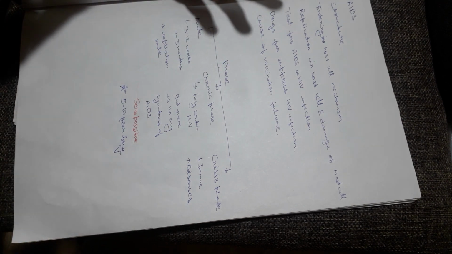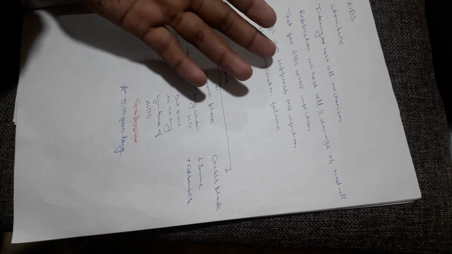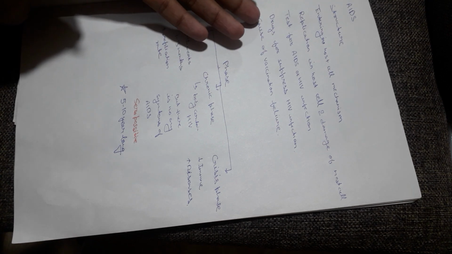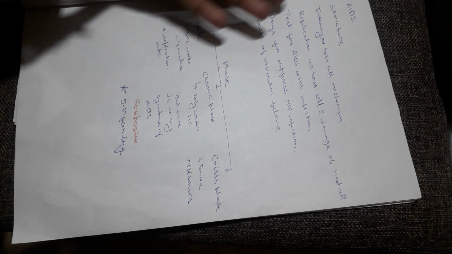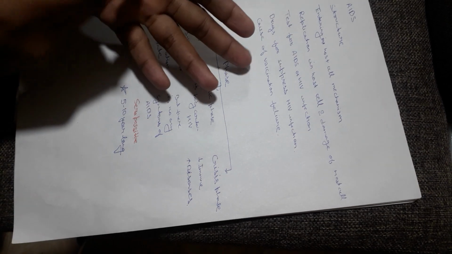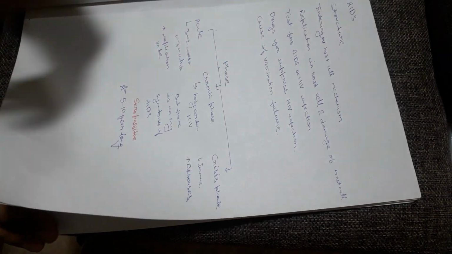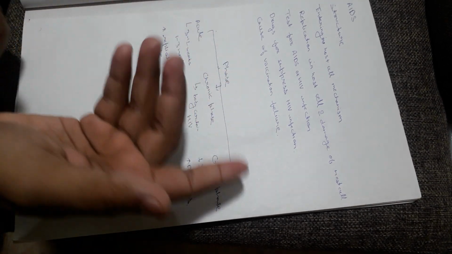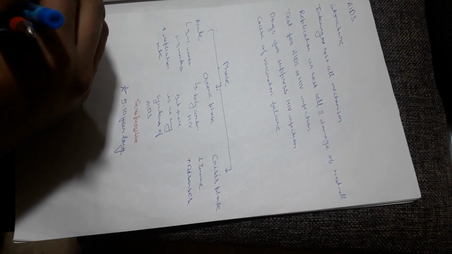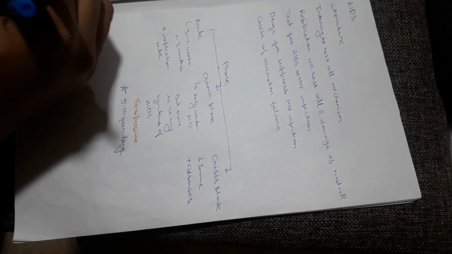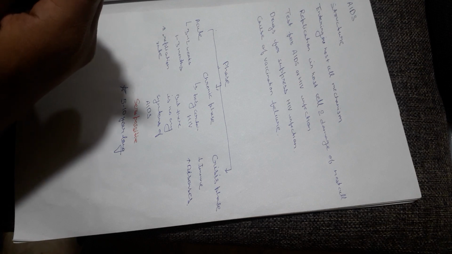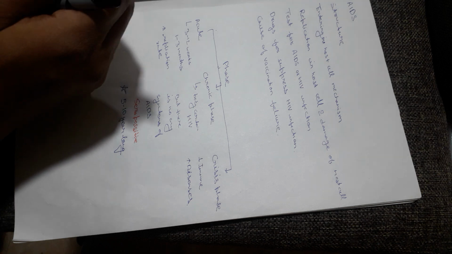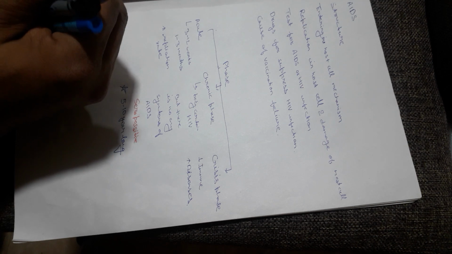Next is the tests for AIDS or HIV infection: these are ELISA and PCR. Then the drugs, which we discussed briefly. And the last one, the cause of vaccination failure. Because gp120 is highly variable, there is no permanent solution of vaccination about gp120, and vaccination will fail after some time.